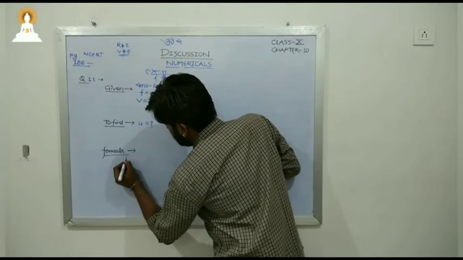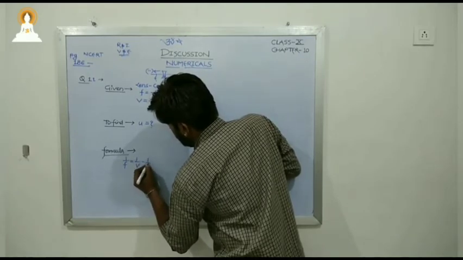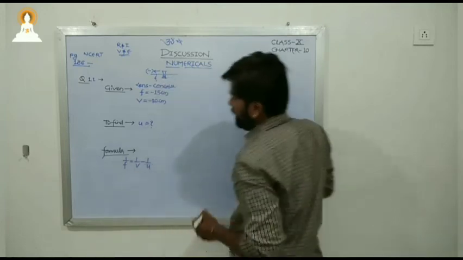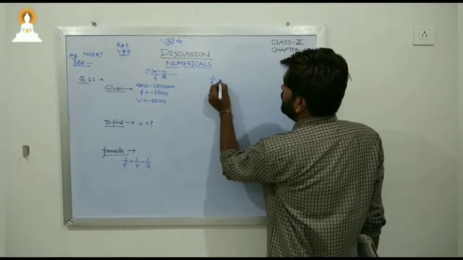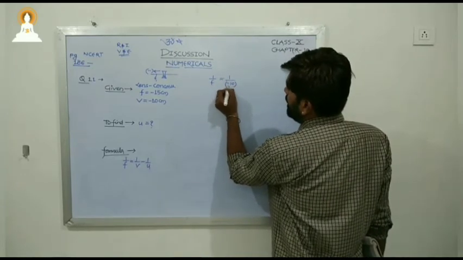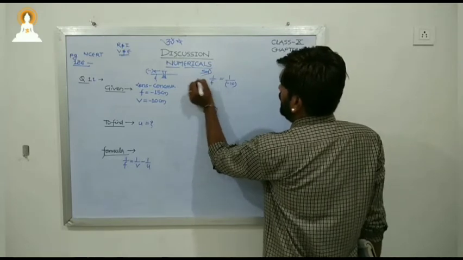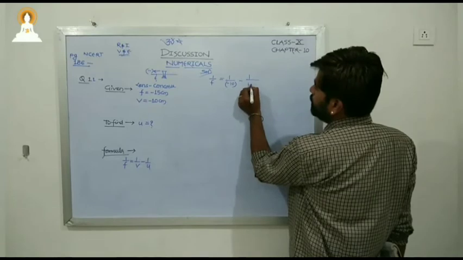Formula very simple. Focal length is given, so 1 upon f is equals to what? 1 upon v minus 1 upon u. Okay, if you have solved this question, then it is a direct question. So 1 upon f is equals to 1 upon v, that is 1 upon minus 10, minus 1 upon u. 1 upon u we have to find out.